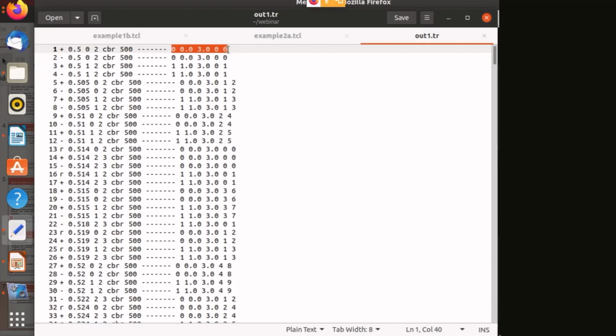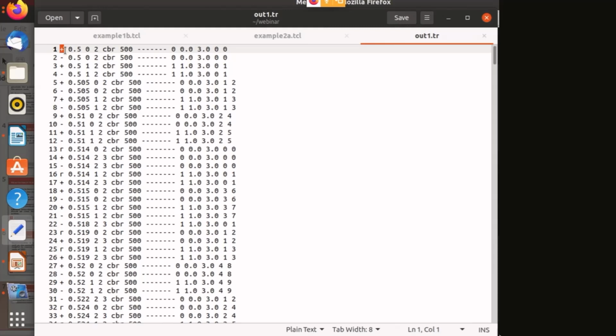Now what do you mean by plus? The plus means the packet is getting enqueued in the node. Enqueued means, I told you node 0 and 1 will be transmitting the packet.